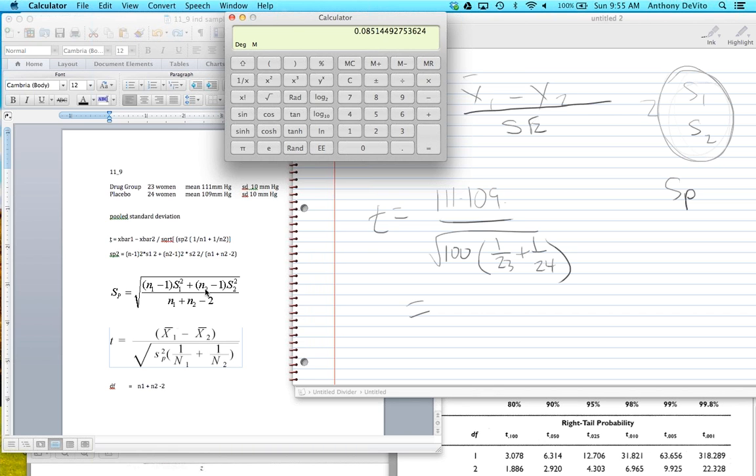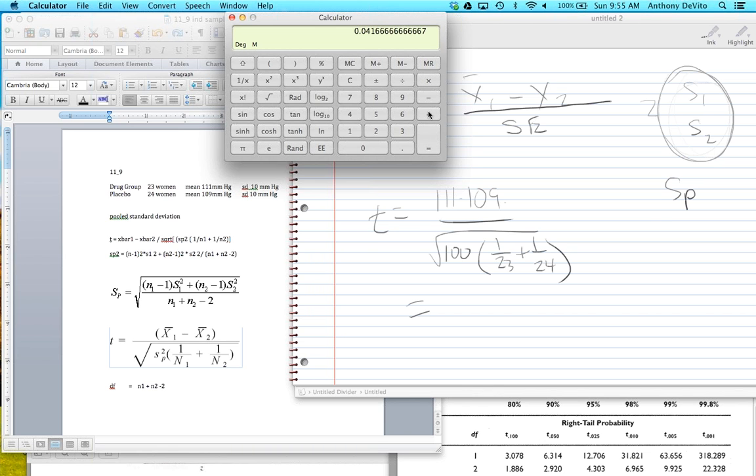I'm going to multiply them by 10 squared, my pooled standard deviation squared, times 100. I think I clicked that already, right? Oops, did I do that right? I'm going to clear this. I'm going to do it again. 1 divided by 24 equals that.